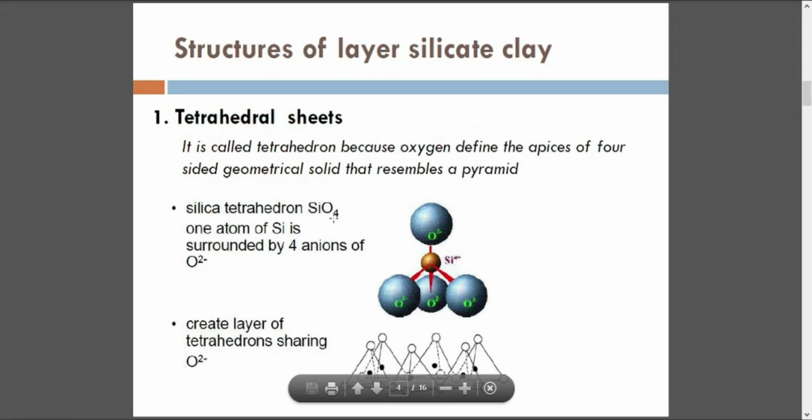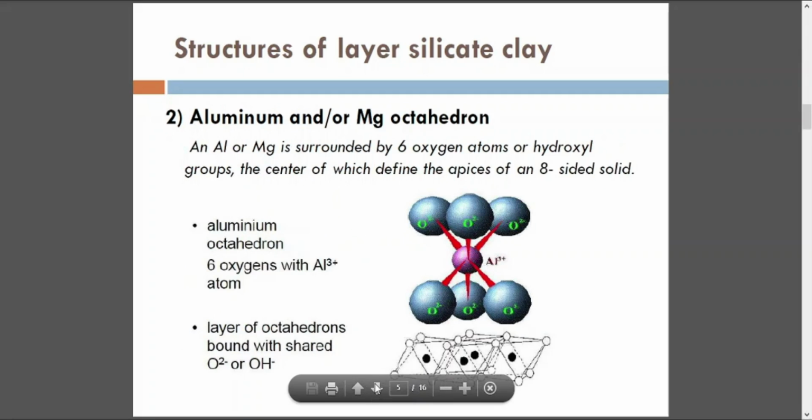The tetrahedral sheets normally have silicon at the center, which is surrounded by 4 oxygen atoms, and it is called a tetrahedron because the oxygen atoms define the apices of the 4-sided geometrical solid that resembles a pyramid. We can also have different layers formed by these tetrahedrons sharing the oxygen atoms.